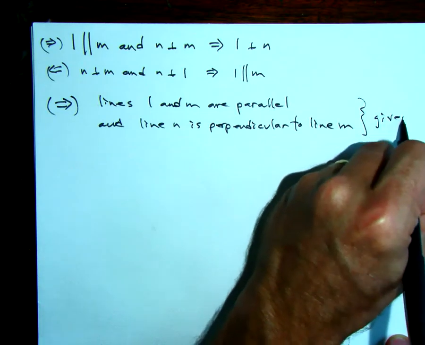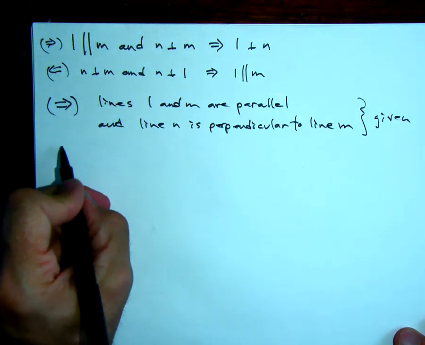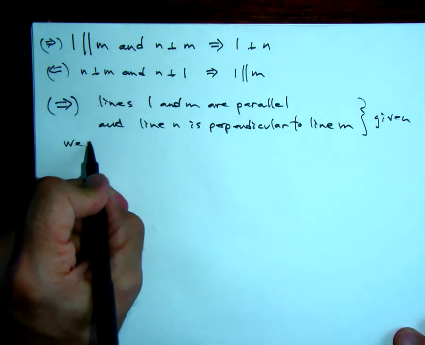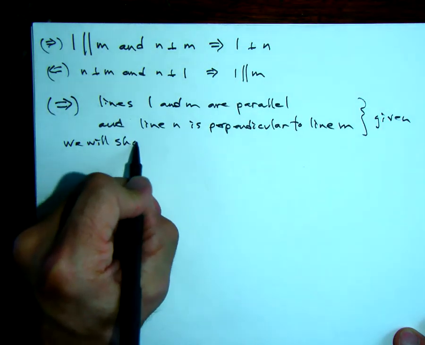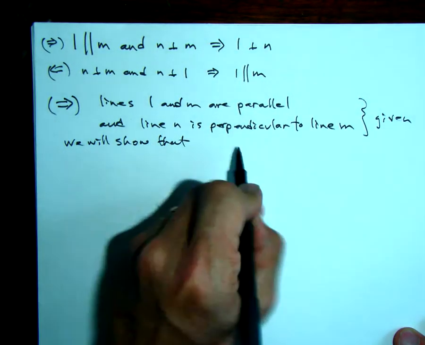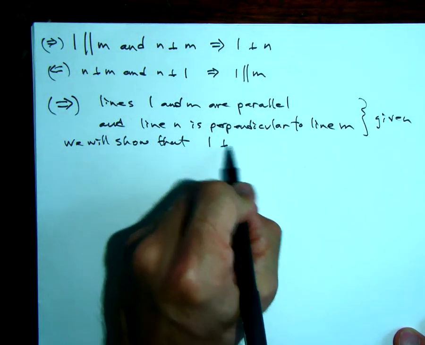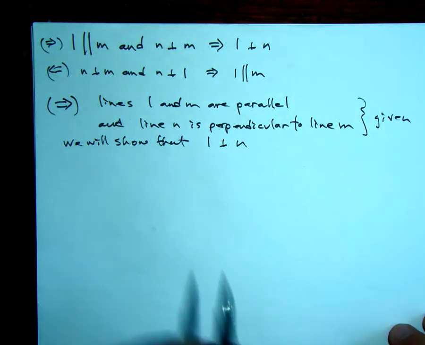And then, I think it's helpful to just say what you're going to show. We will show that L is perpendicular to N. So here are our givens, and this is what we want to show.